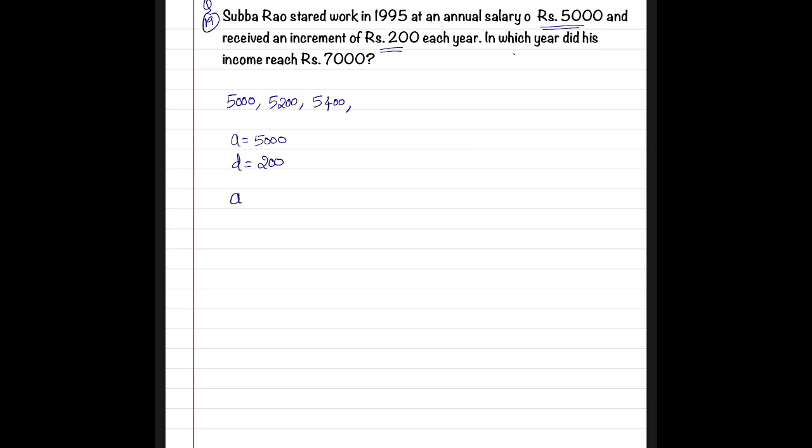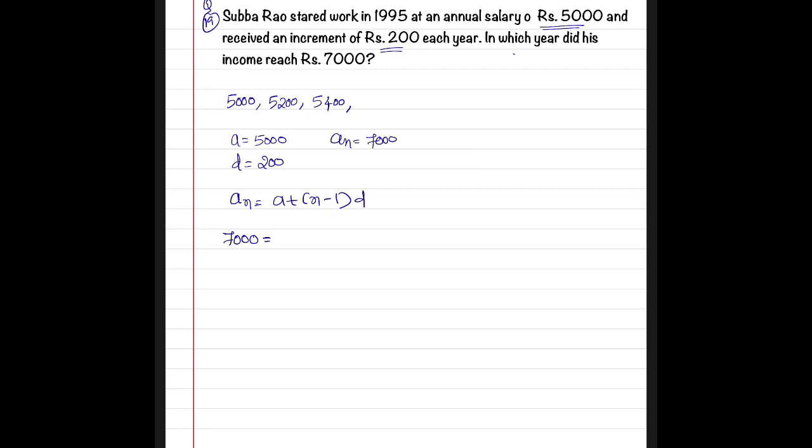So we know the formula: A n equals A plus n minus 1 into D. Here we have to calculate the value of n, that is A n is given, that is 7,000. I will write down here A n equals 7,000.